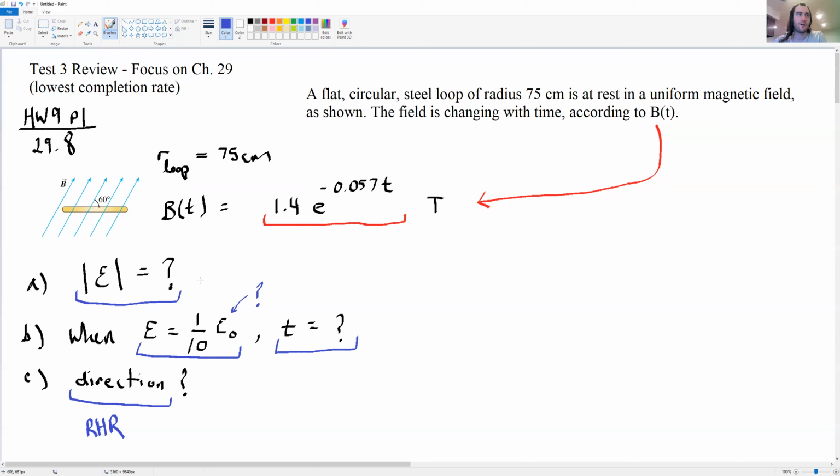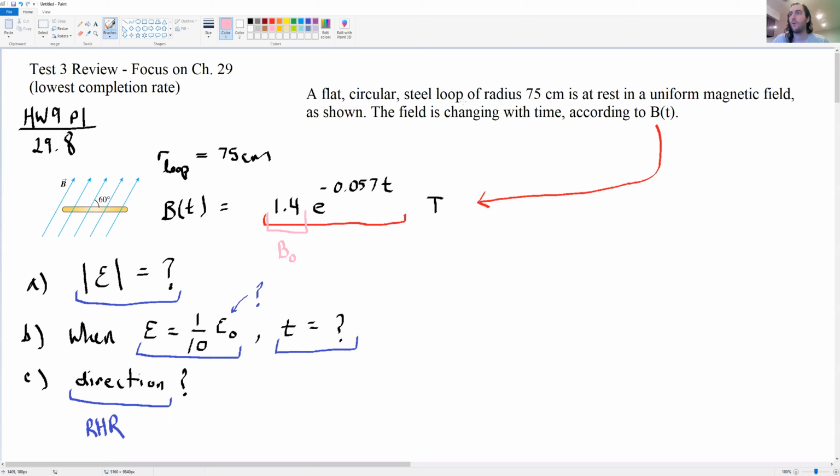For an exponential function like this, after we apply Faraday's law, what we're going to see is that the EMF is still going to be exponential. And so it's the coefficient in front of the exponential that tells us the initial value. So for the exponential that's here, that 1.4 is the initial value of the magnetic field. Does everybody see that?